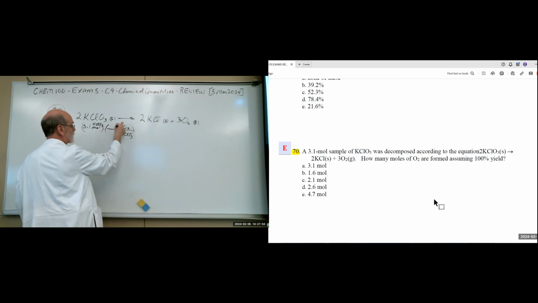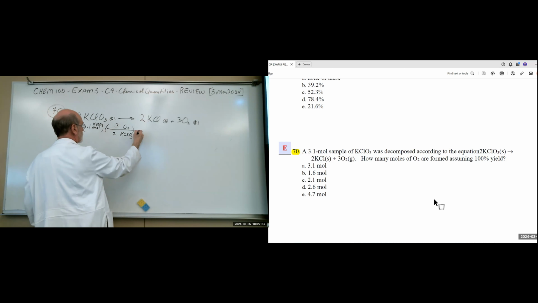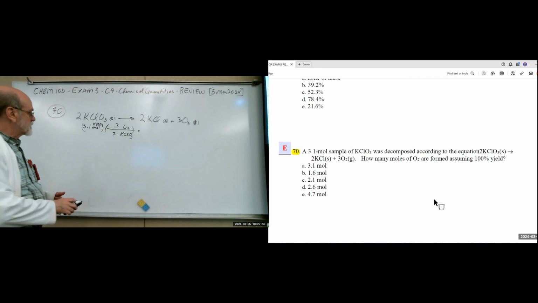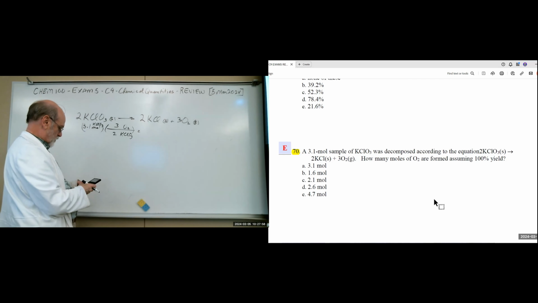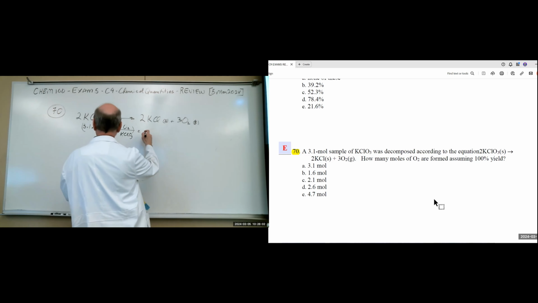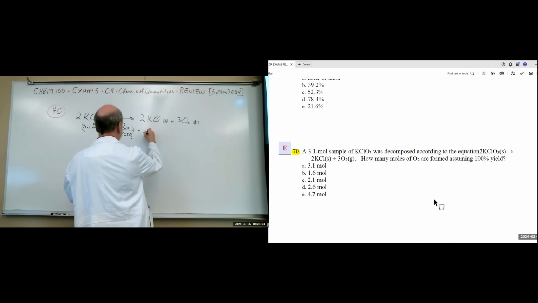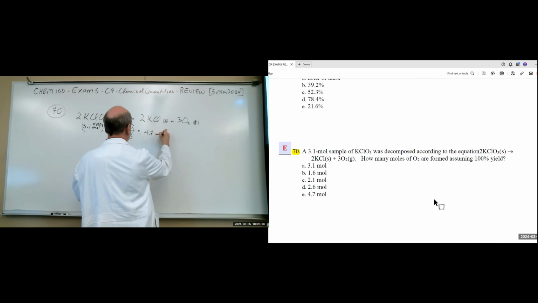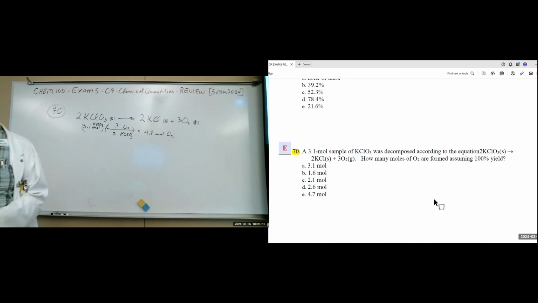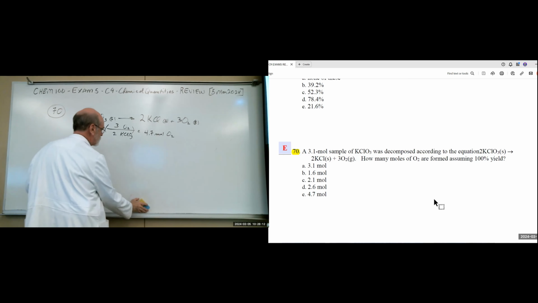And the ratio is 3 to 2. Right? So we just need to take 3.1 and multiply it by 1.5. 4.65. Well, round it off. 4.7 moles of O2. All right. That was simple.